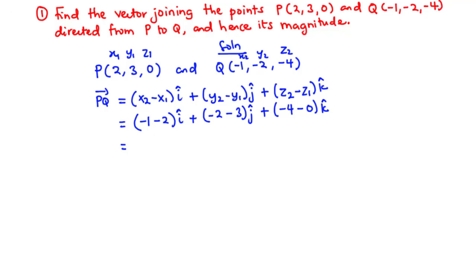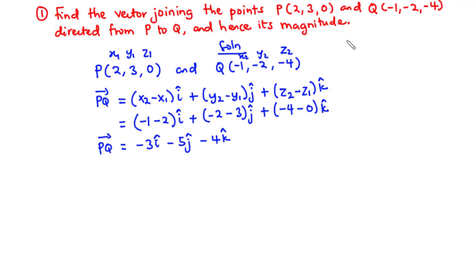So -1 minus 2 is -3, so we have -3 i cap. -2 minus 3 is -5, so -5 j cap. And then -4 minus 0 is -4, so we have -4 k cap. Therefore, the vector joining the 2 points P and Q, which is vector PQ, is equal to -3 i cap minus 5 j cap minus 4 k cap.